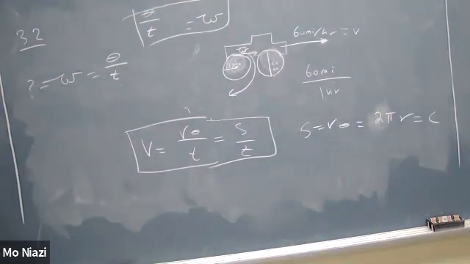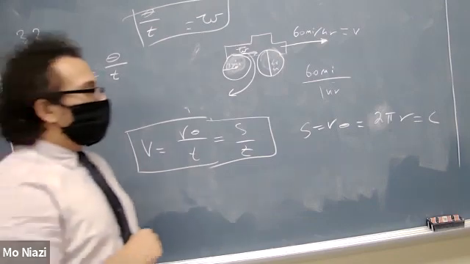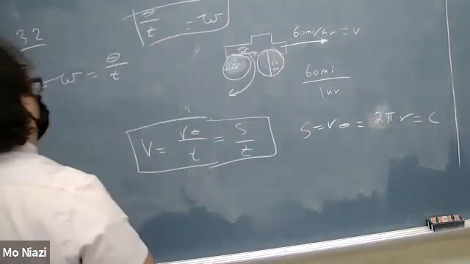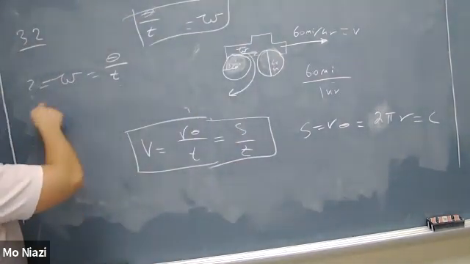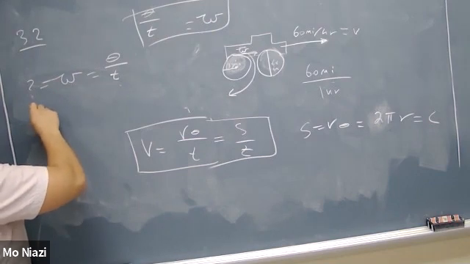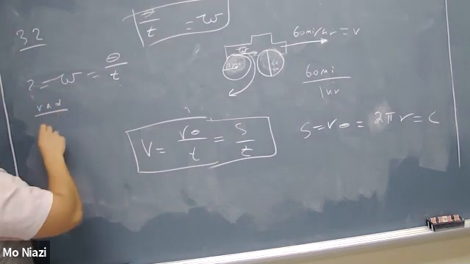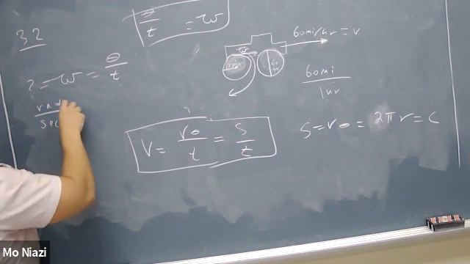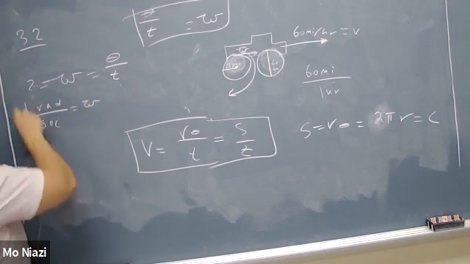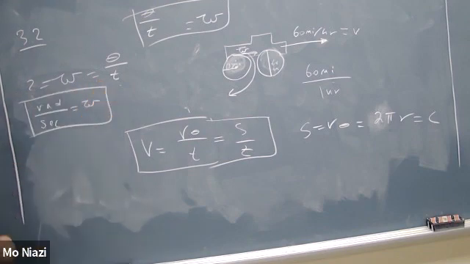I want to know how fast it is rotating. And actually, let's say I want omega in radians per second. I want to find this omega in radians per second.